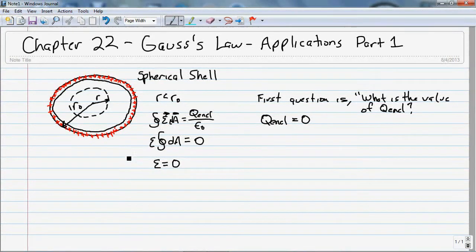Okay, let's do a second example. This time, let's make r equal to some radius outside the shell.